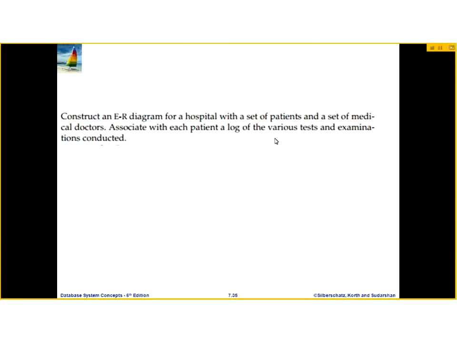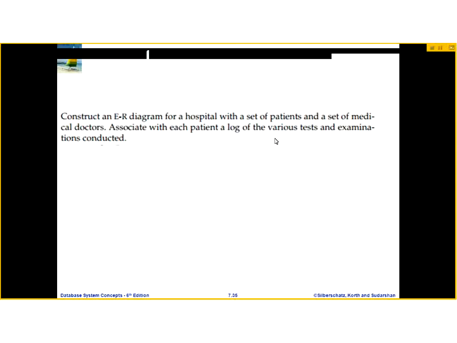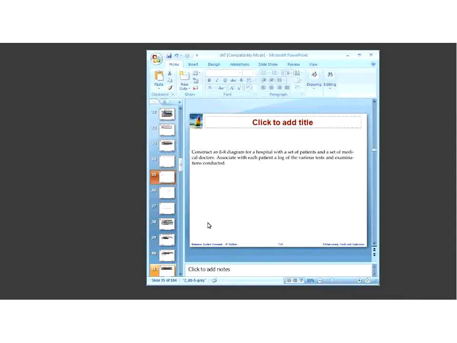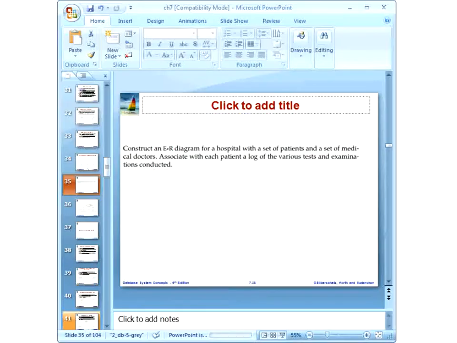So I want you to first think about this system and make your entity relationship diagram, and then I'll ask you which entities you have identified, and then we'll proceed further. So can you view the slide of the question? Everyone can view it?